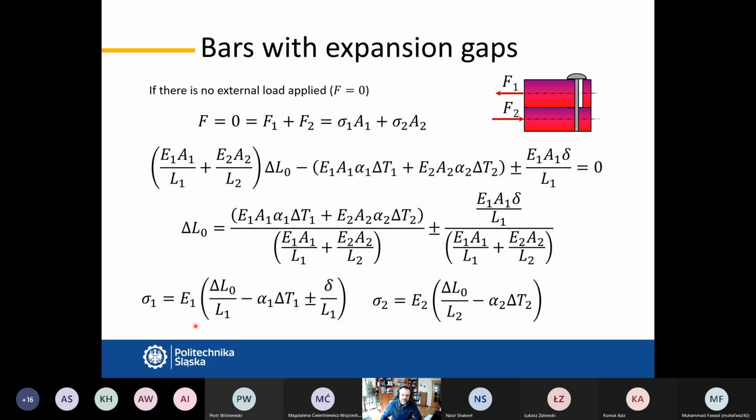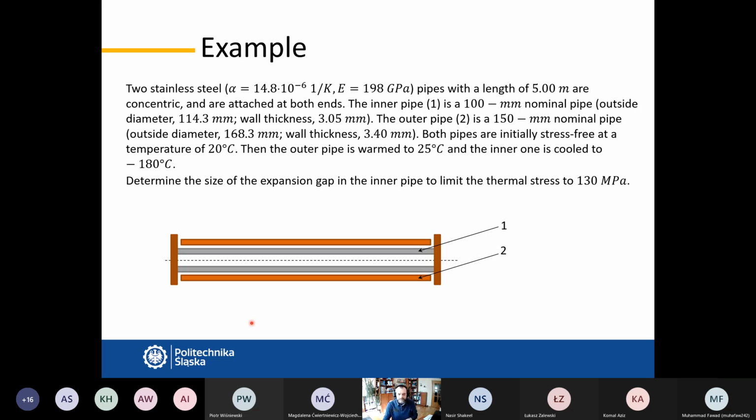So if there is no gap, there would be only these two factors, and here we counteract these thermal deformations and the stress that occurs from them. And there was an example to be discussed.